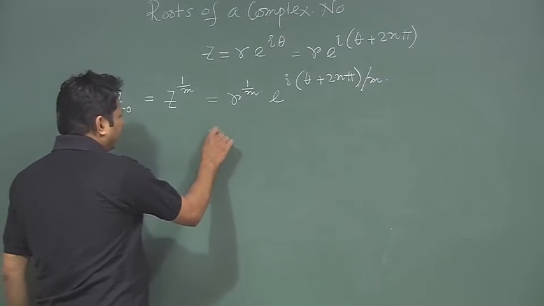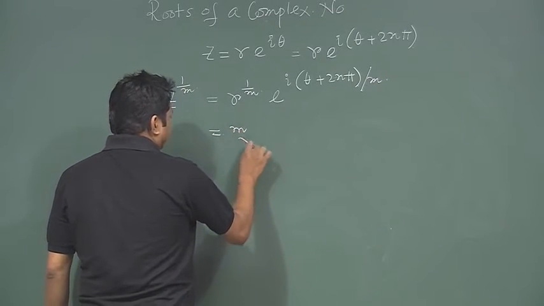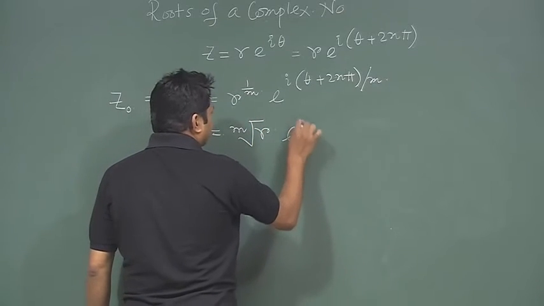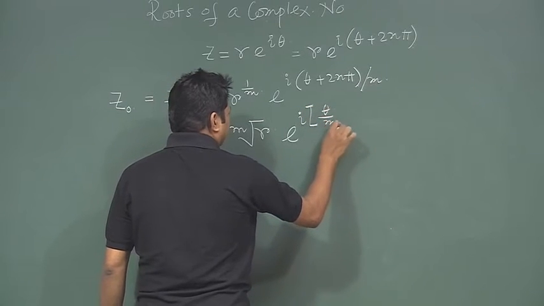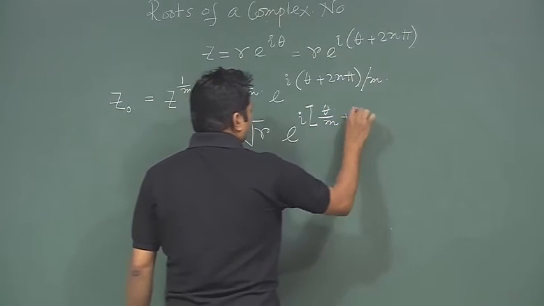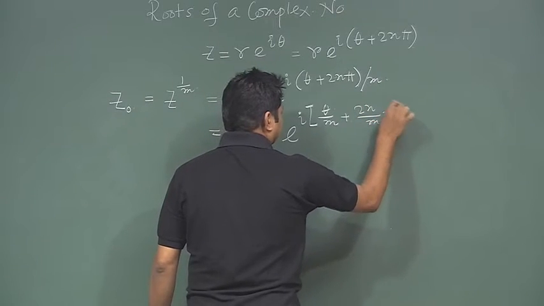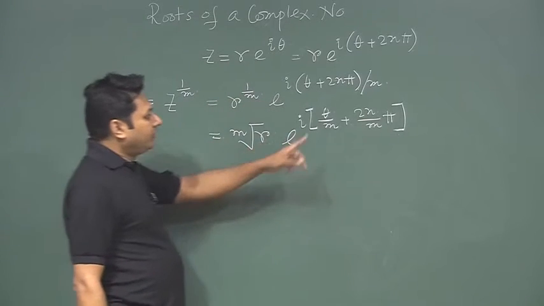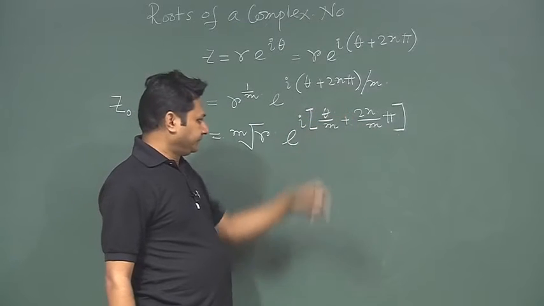So, if I write, it will be the mth root of r e to the power of i (theta by m plus 2 n pi by m). Now, this value of n is 1, 2, 3, 4, 5, 6, 7, 8 and so on.